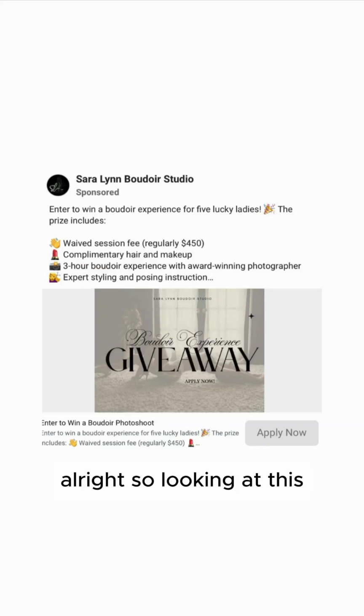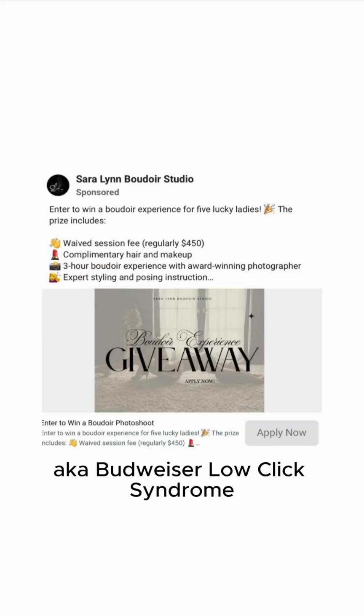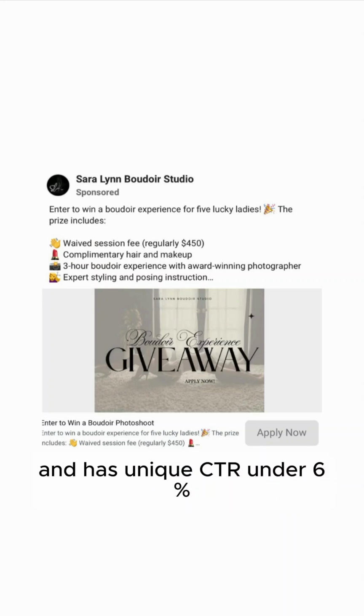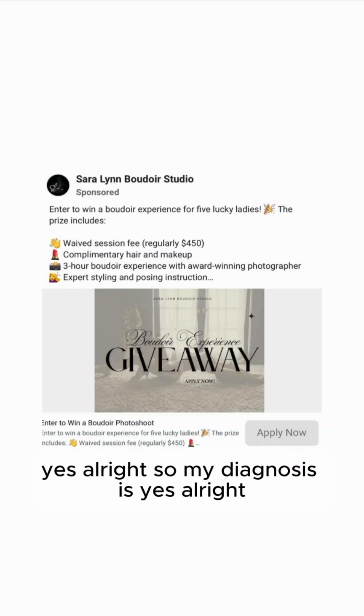All right, so looking at this, do we believe this has BLCS, aka Boudoir low click syndrome, and it has a unique CTR all under 6%? Yes. All right, so my diagnosis is yes.